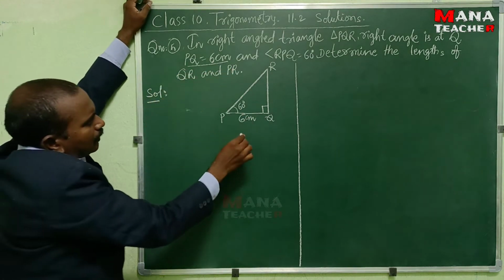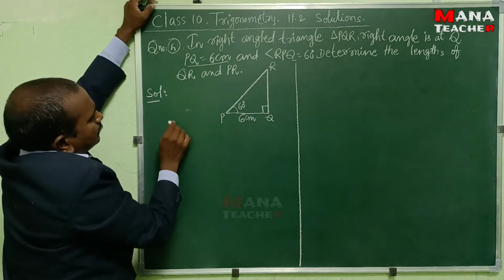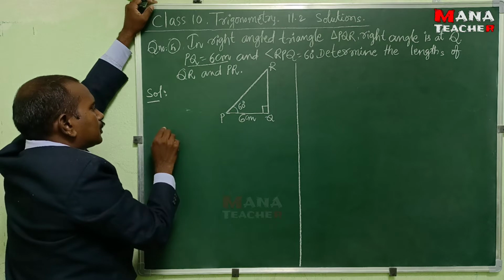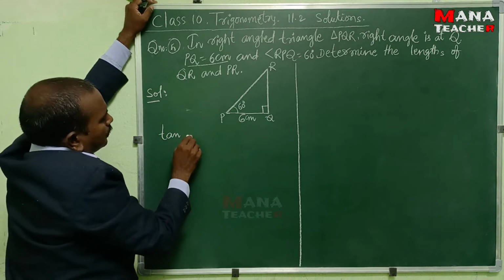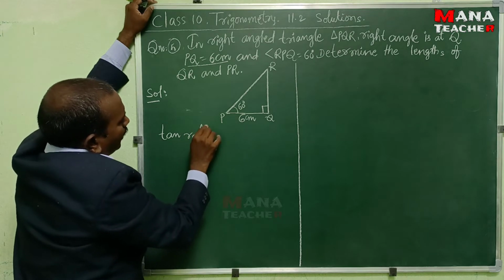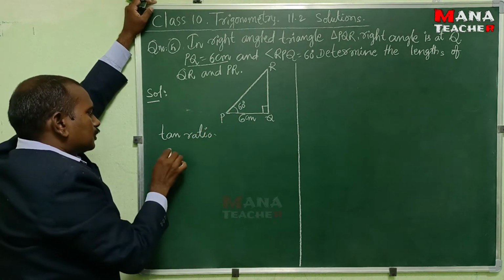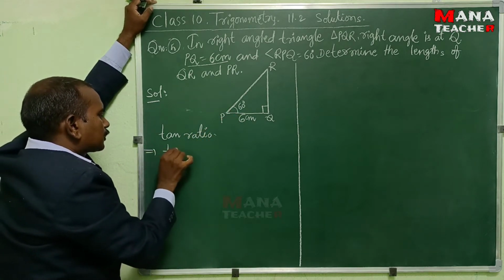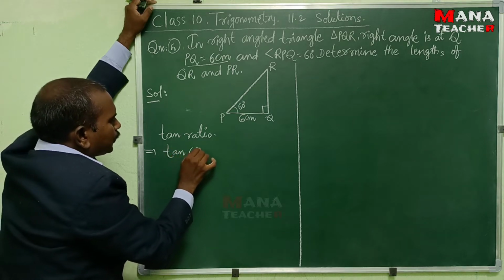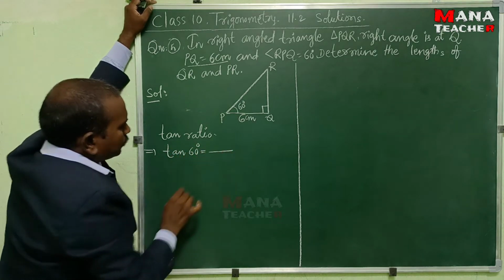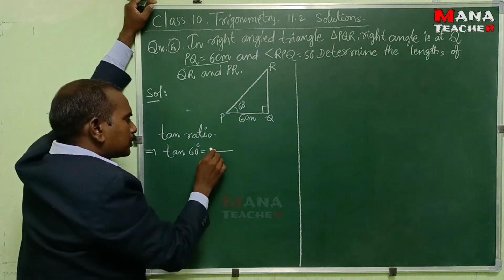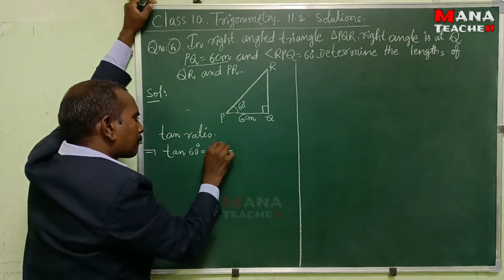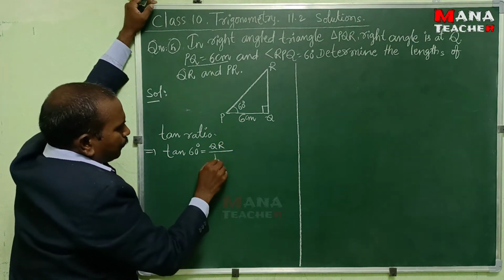Here first, in this one, take tan ratio to this angle. Tan 60 degree equals opposite by adjacent, means QR by PQ.